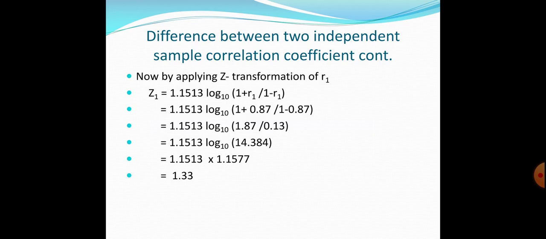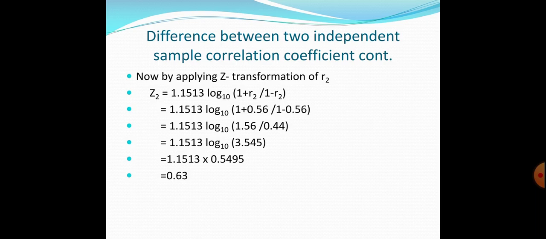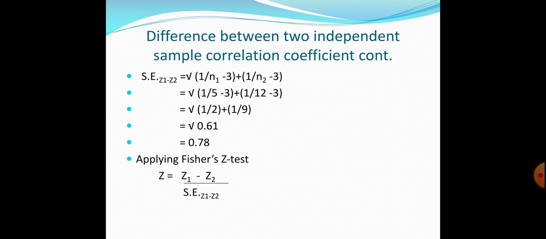Now apply the Z transformation for the first sample, that is r1, where the value of r1 is given to you as 0.87. After applying all the values, you will get the value of Z1 as 1.33. Then in the case of r2, that is 0.56, you will get the value of Z2. Simply apply the values for the standard error of Z, that is the square root of 1 divided by (5 minus 3) plus 1 divided by (12 minus 3), and you will get the value of 0.78.